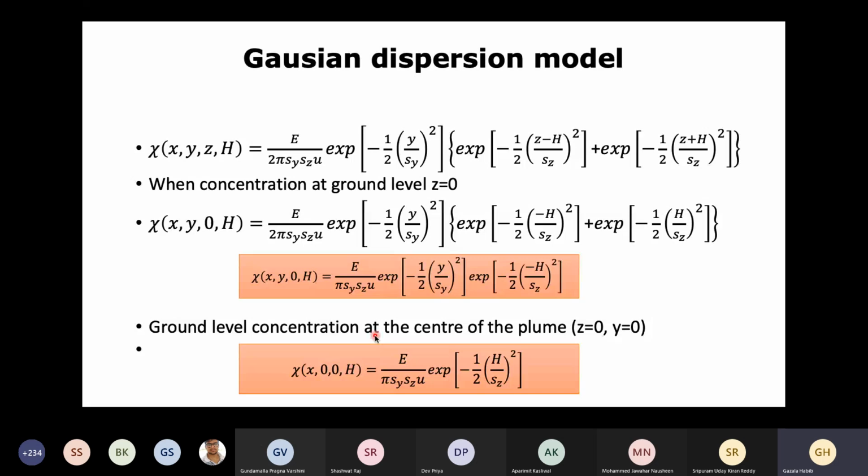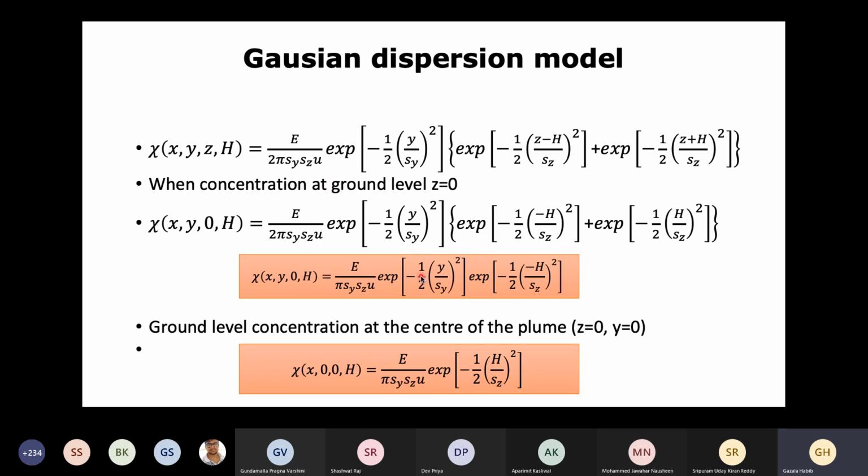So you can play with this equation. If you want to know the ground level concentration, that means Z is equal to 0 and Y is given, at a certain Y distance, you just put Z equal to 0 and the equation simplifies as E, the emission rate, divided by the same term.